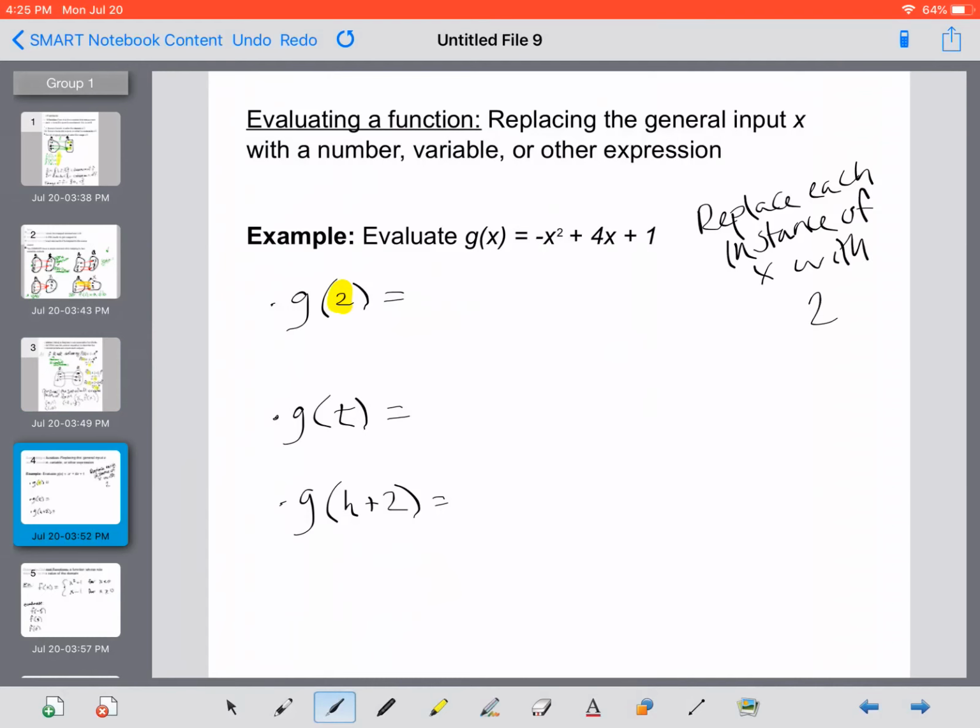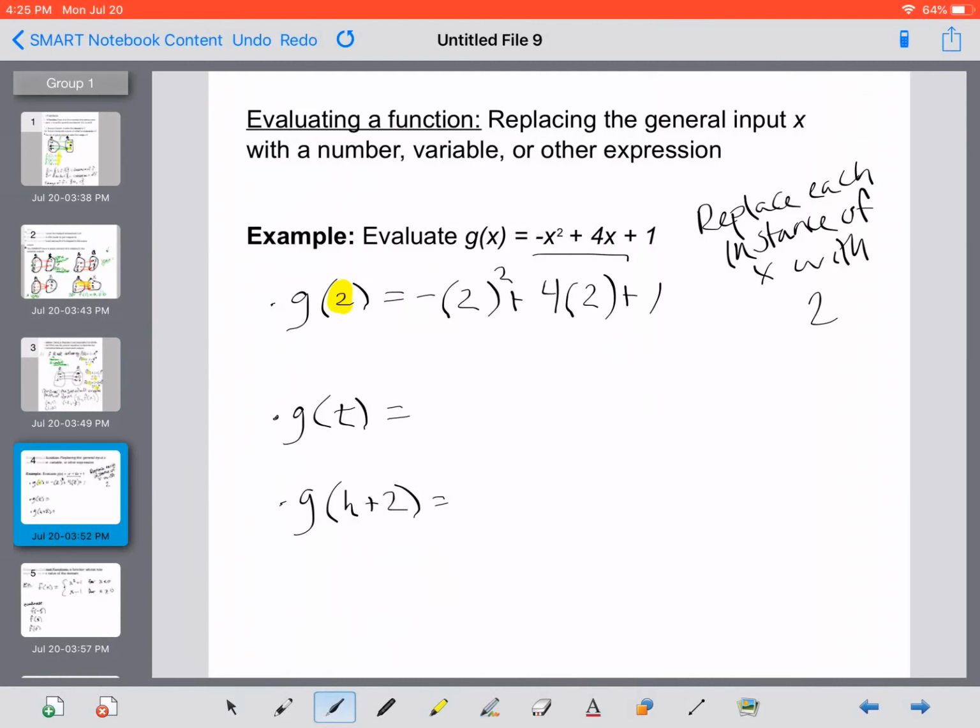All right, so that means I need to rewrite this equation here, but replace my x's with 2. So this is going to look like -(2)² plus 4 times 2 plus 1. So everywhere I saw an x, I just put parentheses around it and replaced it with a 2.